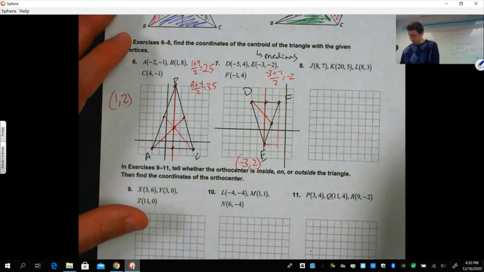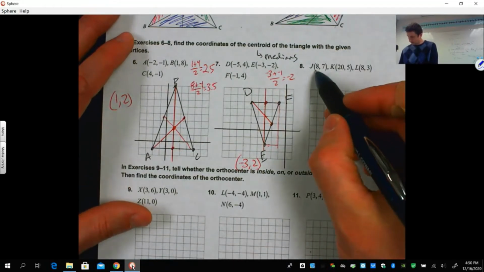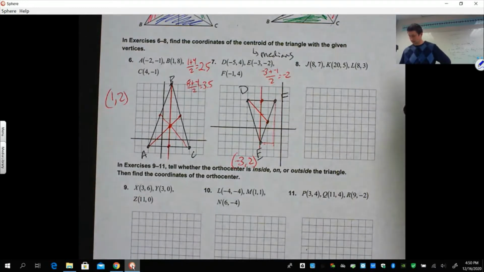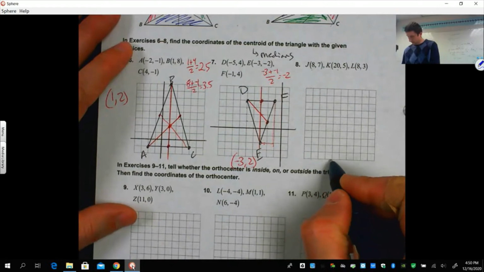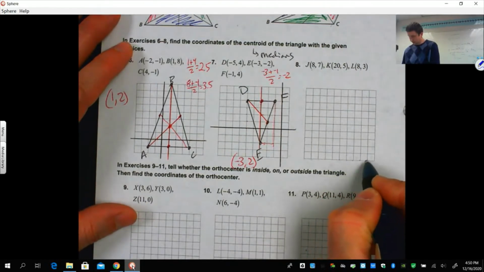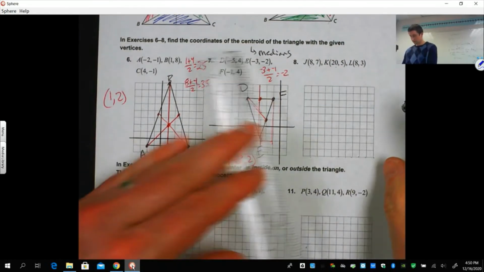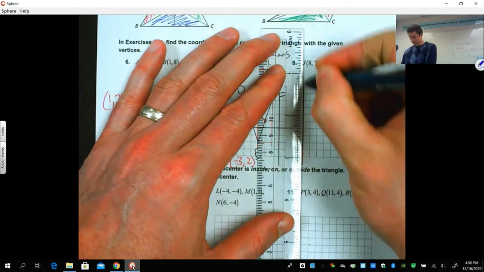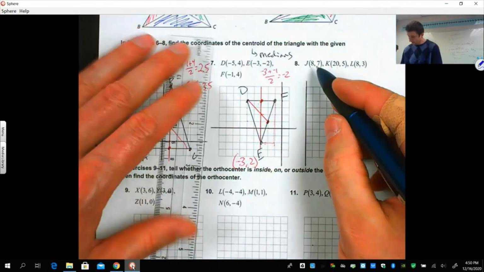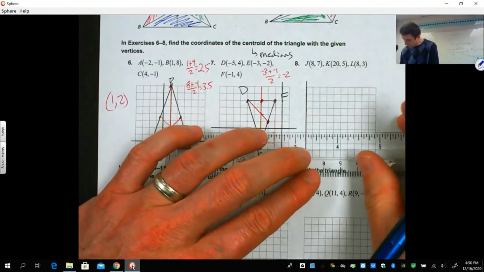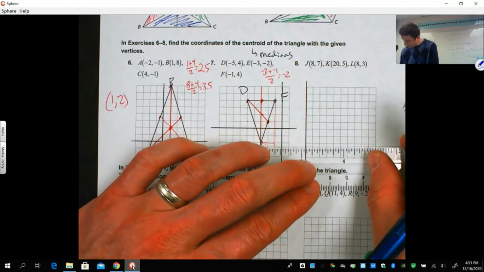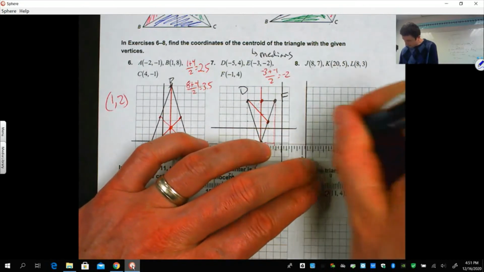One more. Okay, we got 8, 20. Ooh, 8, 20, and 8. We don't have 20 grids on here. 1, 2, 3, 4, 5, 6, 7, 8, 9, 10. We have enough to count by 2s. So 8, 20, and 8, I'm going to put the y-axis way over here. 7, 5, and 3. It can be down here.